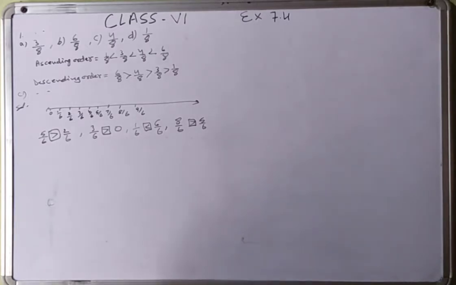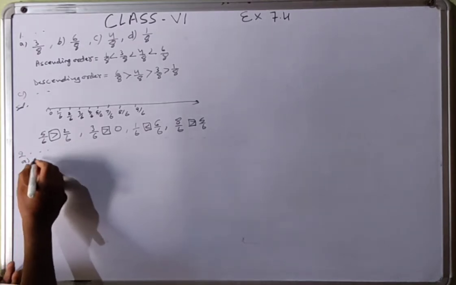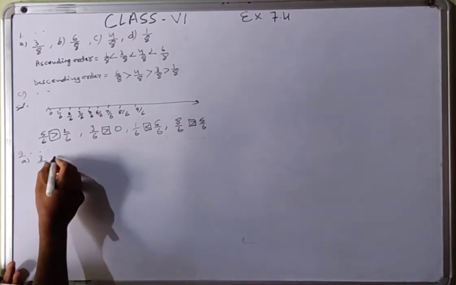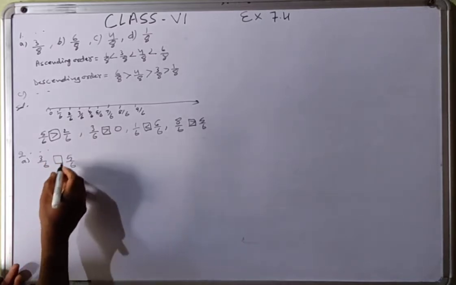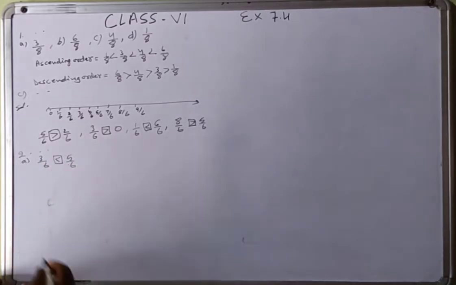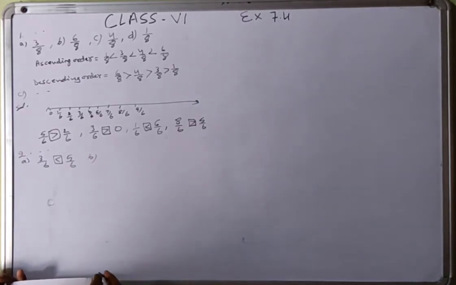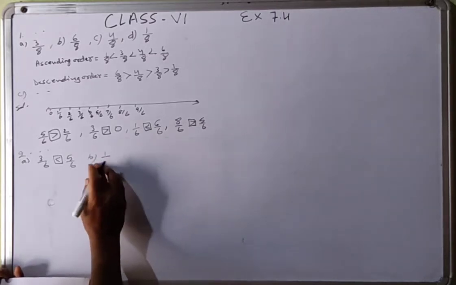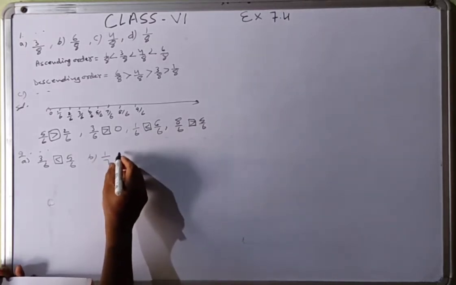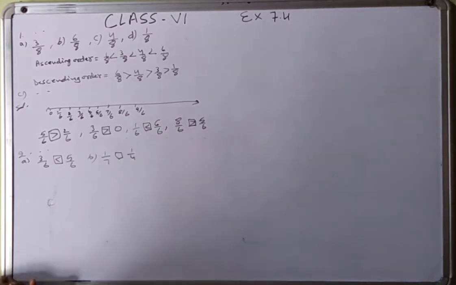Compare the fractions and put the appropriate sign. That is the second question. A part: 3 upon 6 box 5 upon 6. Which is greater? 5 upon 6 is greater because 5 is greater than 3. B part: 1 upon 7 box 1 upon 4.